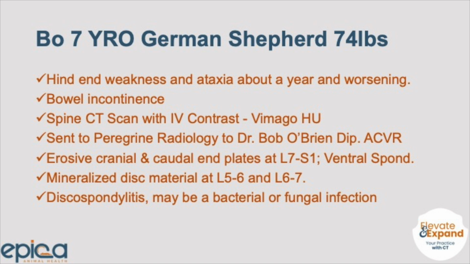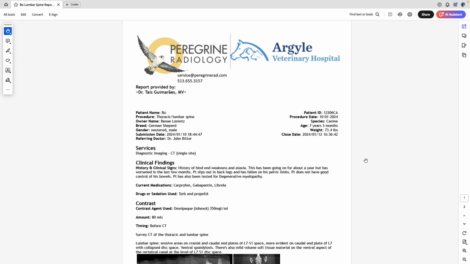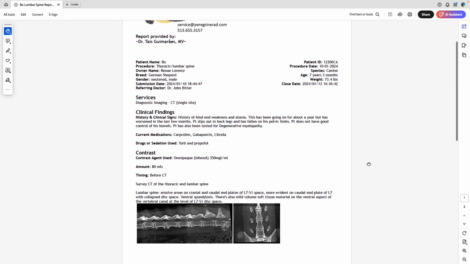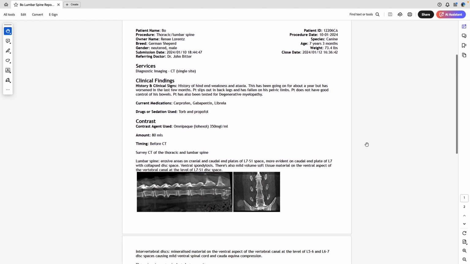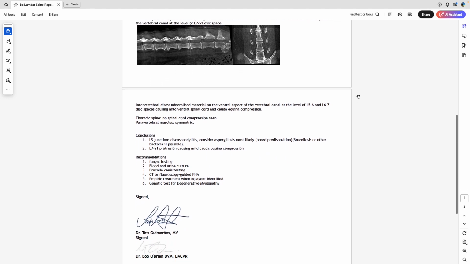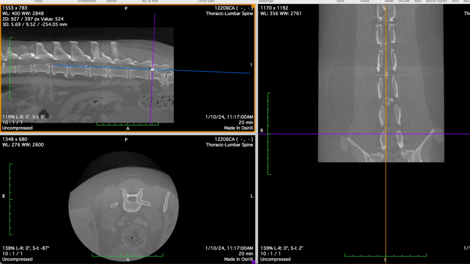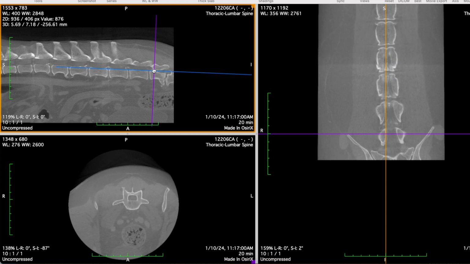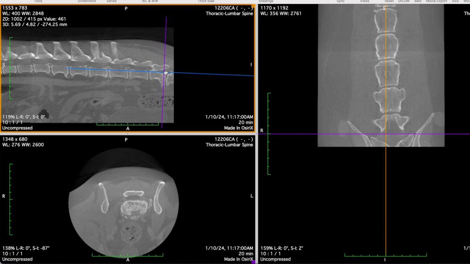His findings are going to be at the L7S1 juncture, where he sees and notes ventral spondylitis. He also notes mineralized disc material at several locations, L5, L6, L6, L7.